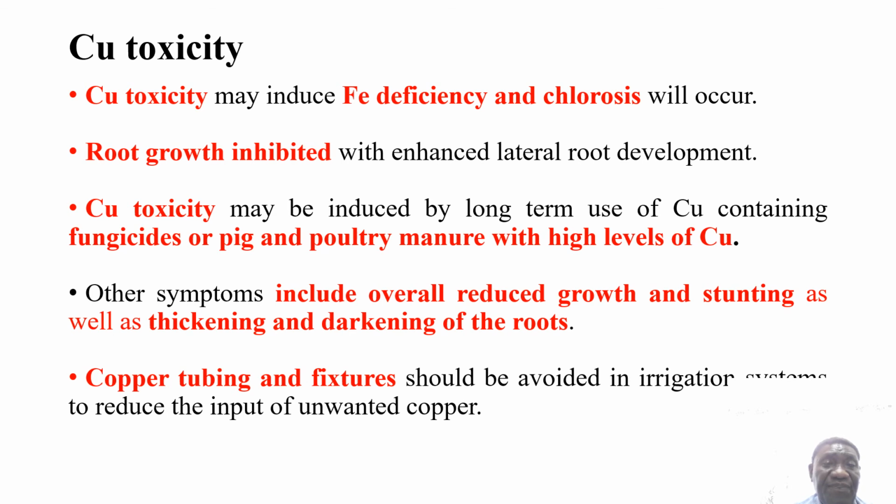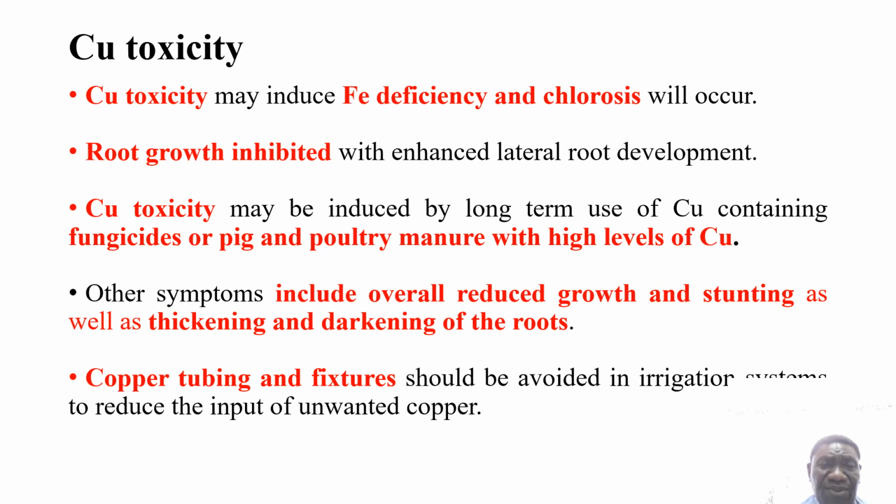Copper toxicity. Copper toxicity may induce iron deficiency, and chlorosis will occur. Root growth is inhibited with enhanced lateral root development. Copper toxicity may be induced by long-term use of copper-containing fungicides or pig and poultry manure with high levels of copper.